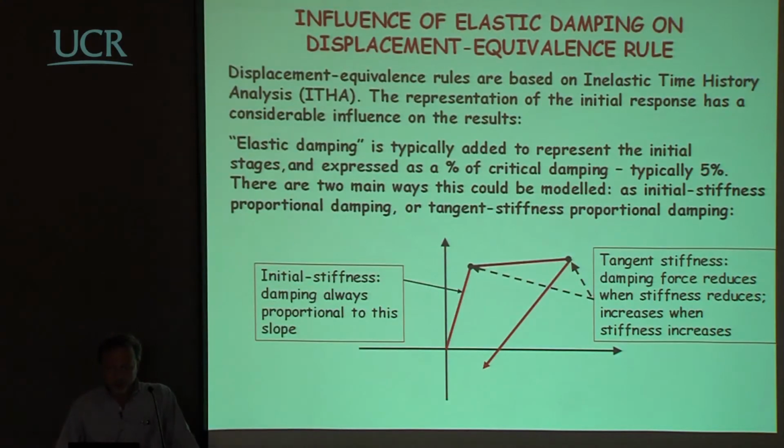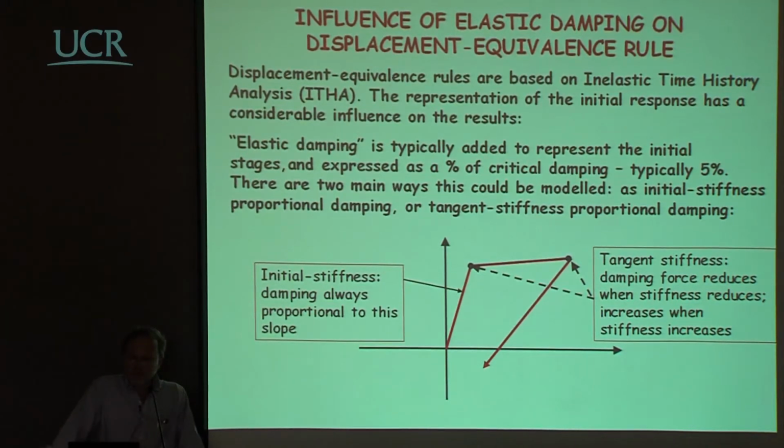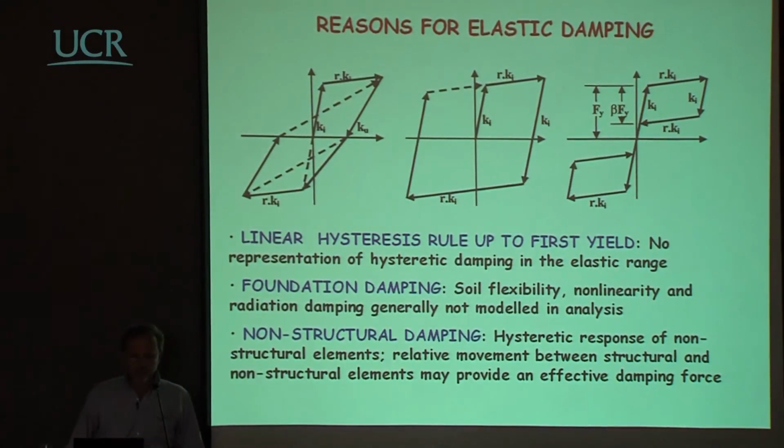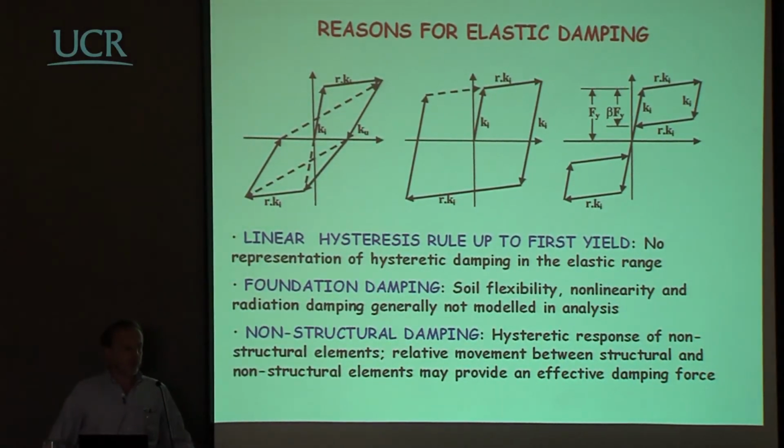Now, a few more words on the influence of elastic damping. This is something that Nigel has been discussing. It is clear that you have some reason to consider elastic damping. Why put those 5% or 2% or whatever you want to put? These reasons are partially because of some kind of real viscous damping, but partially because of other kinds of dissipation in the elastic range.